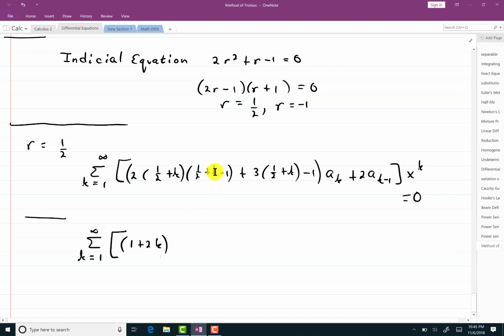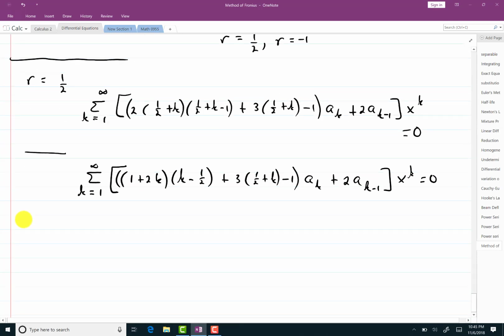For this here, 1/2 minus 1 will be negative 1/2, so I'll get k minus 1/2 plus 3 times 1/2 plus k minus 1. And don't forget, all of that stuff is attached to a sub k plus 2a sub k minus 1. That's all times x to the k equals 0.